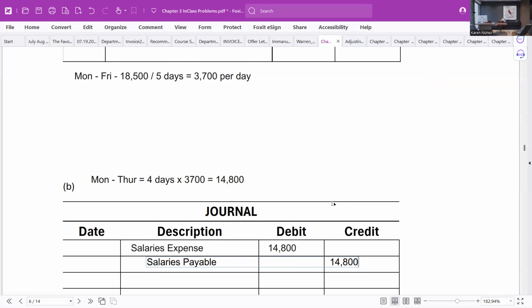So the entry looks like what we did in A, only the numbers are different, right? A is for one day, $3,700. B is for 4 days, $3,700 times 4. But the underlying transaction is the same. We want to recognize an expense by debiting salaries expense and recognize that liability. An accrued expense means we have an obligation to pay something in the future. So we recognize the expense, debit the expense, and we recognize our obligation, the liability, in this case, salaries payable.